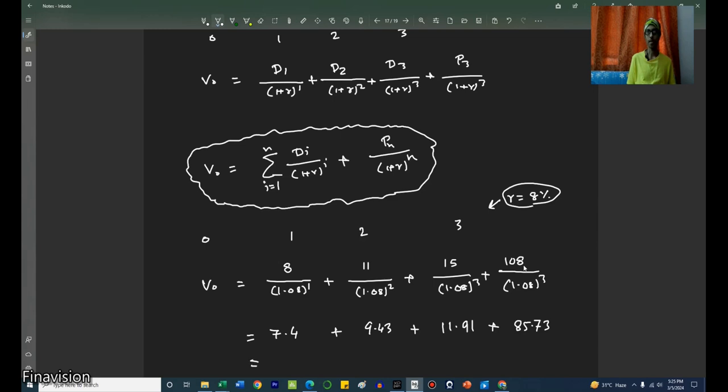Now if you sum it up, 85.73 plus 11.91 plus 9.43 plus 7.4 comes to 114.47. So this is our V0 in this simple example that we have done.